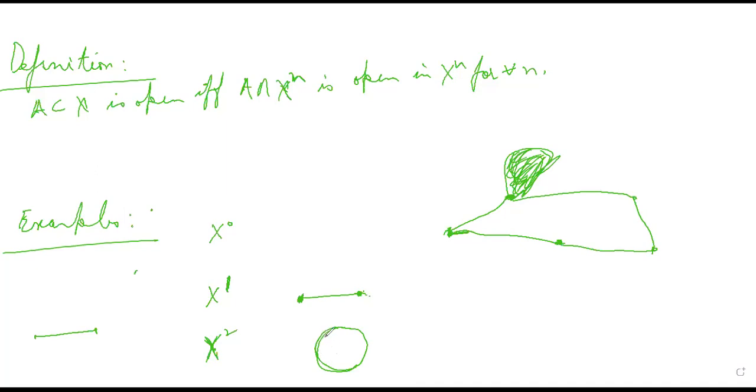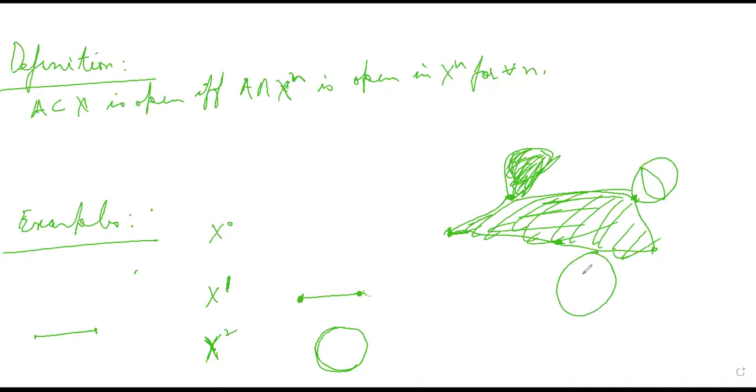Or you can map everything to a single point, suppose here. Then you will get a sphere. Similarly, you can map this boundary, which is homeomorphic to a circle, to this one. Or you can map the whole boundary to a single point, maybe here, and again you will get a sphere.